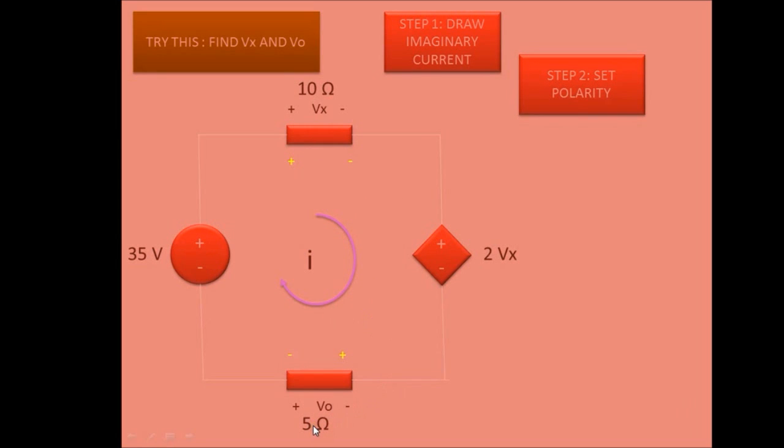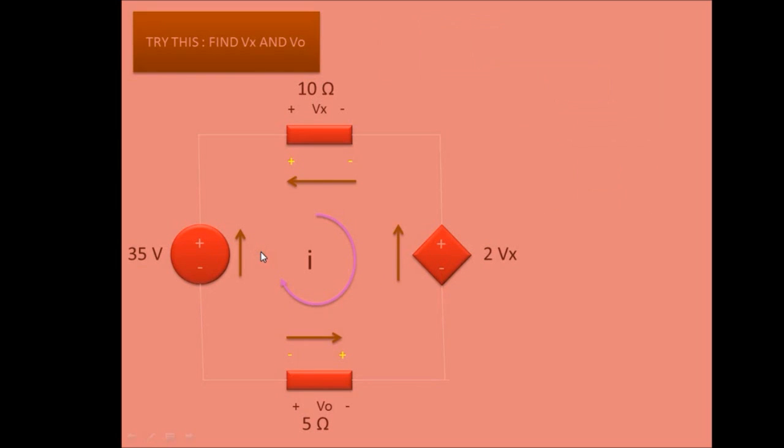Okay, step 3 is set the direction of voltage. This is the direction of the voltage. For the source, we should draw the direction.